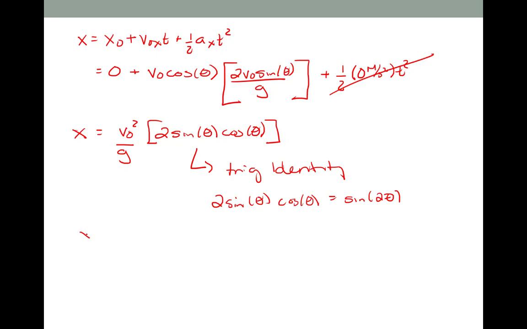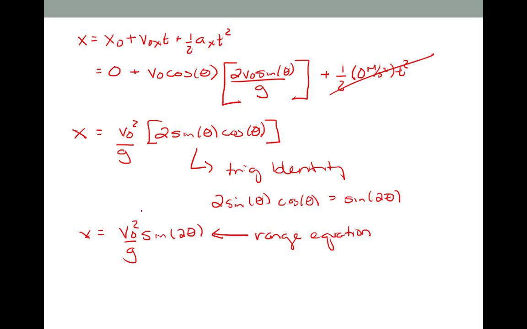And plug that in. So now I have x equals v naught squared over g times the sine of 2 theta. This formula is known as the range equation and is again only valid when you're dealing with a situation where you have symmetry.